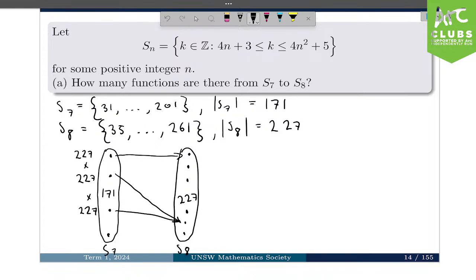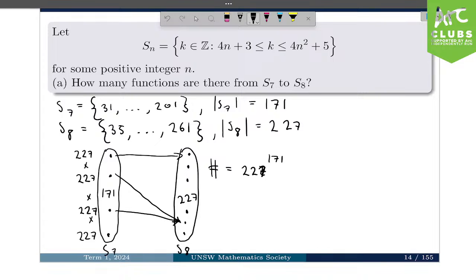This one could map to the same one, for instance. It doesn't really matter. But what we found out is that we're making this choice 171 times. And that means that we're multiplying 227 together 171 times. And that's our answer, right? That's how many functions there are from S7 to S8.